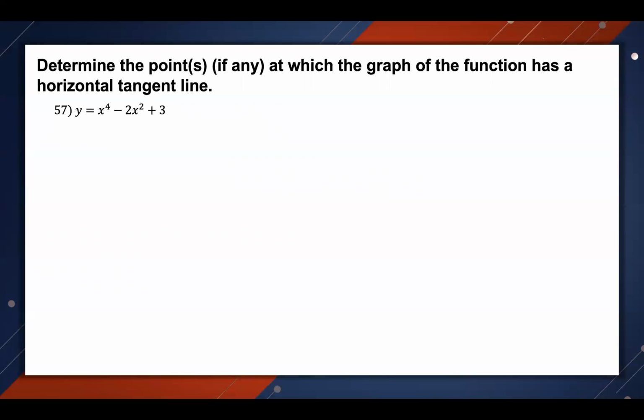And first step, we write the derivative, so y prime equals 4 times x cubed minus 4x, and we know that for a horizontal tangent line we just set the derivative to 0, and we could get the solution for x.